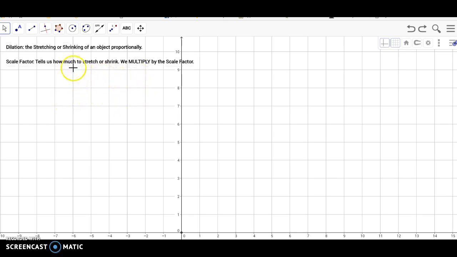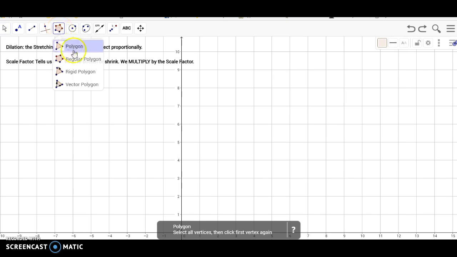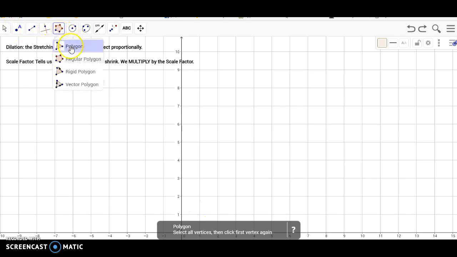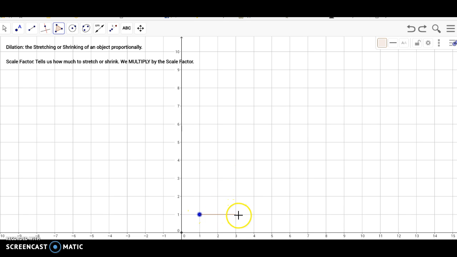I'm going to keep this kind of easy today. I'm going to go with something kind of simple, a triangle, and there's my triangle. This is an isosceles triangle, and I'm going to dilate it.